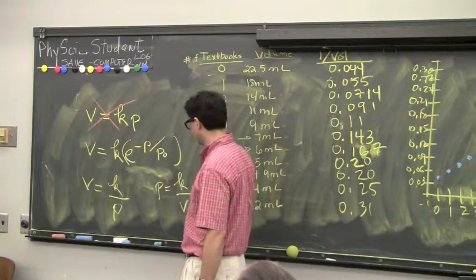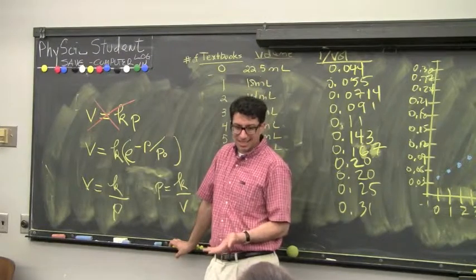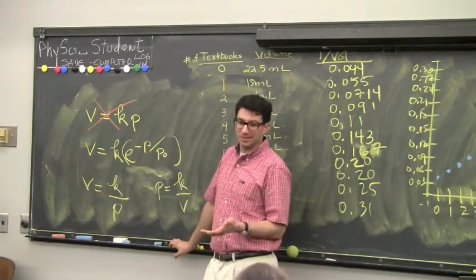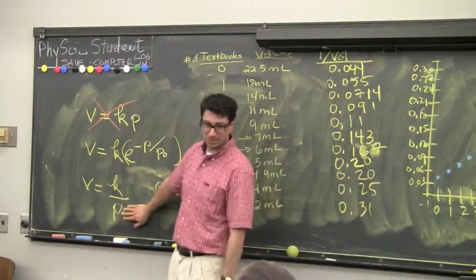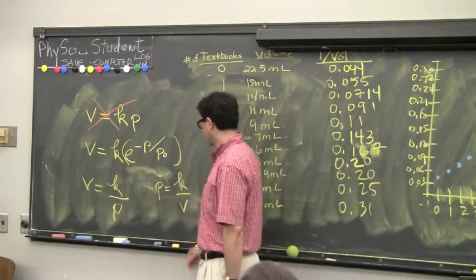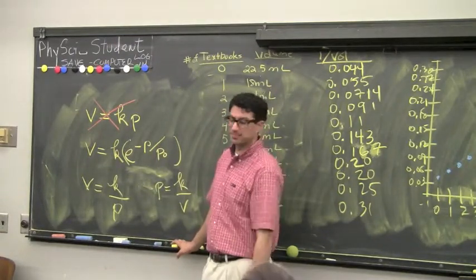The reason people are often successful guessing is that certain forms are recurrent. This is an inverse proportionality, you would say. And so oftentimes the first few guesses work.